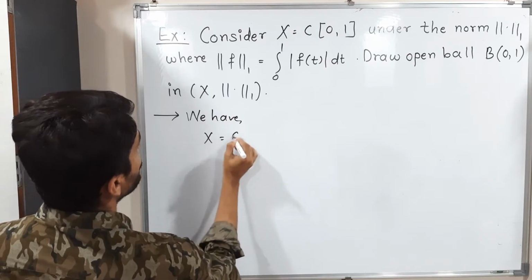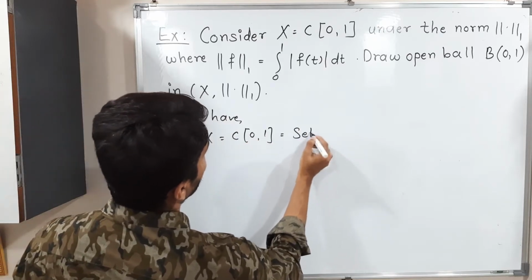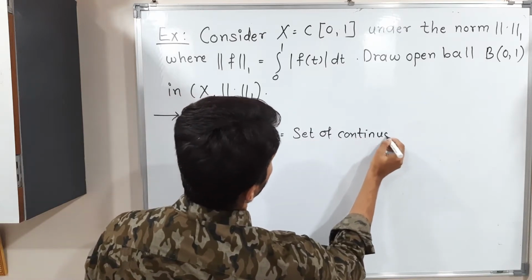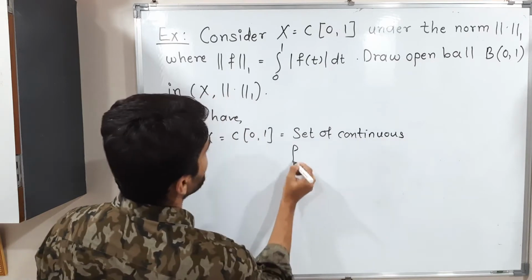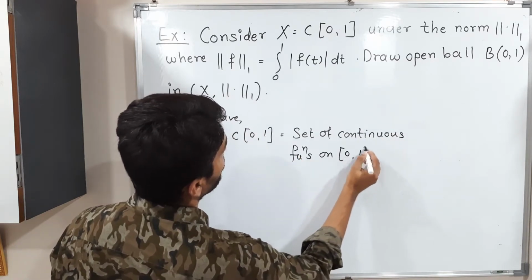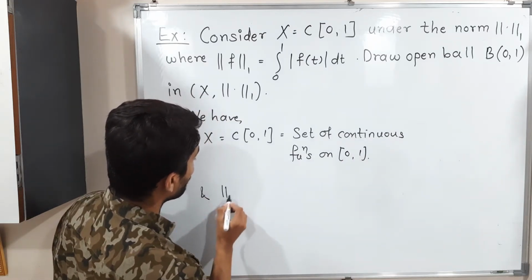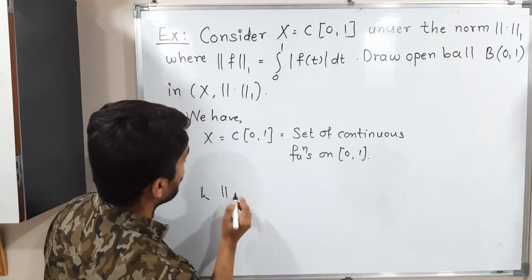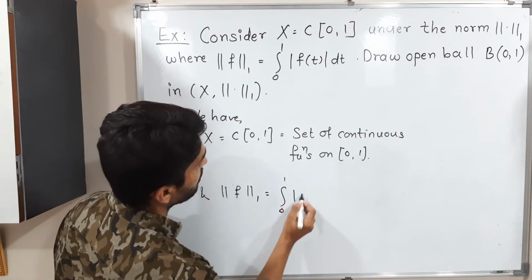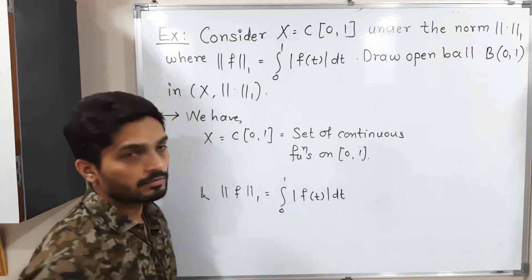X is equal to C closed interval 0 1, that means the set of continuous functions defined on closed interval 0 1, and norm 1 is defined as integration 0 to 1 mod f of t dt. So this is the definition of norm 1.